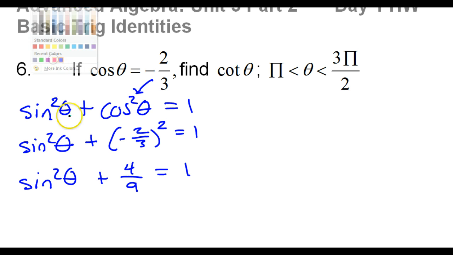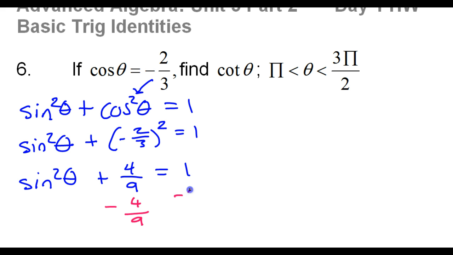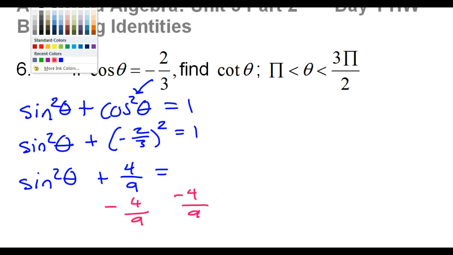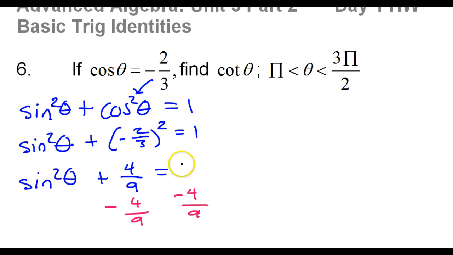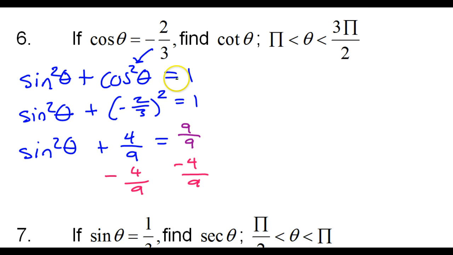At that point, I would subtract 4/9 from both sides. Now, I recognize that 1 is kind of a chameleon. Since I need a denominator of 9, I'm going to turn that 1 into 9 over 9. So there I go.